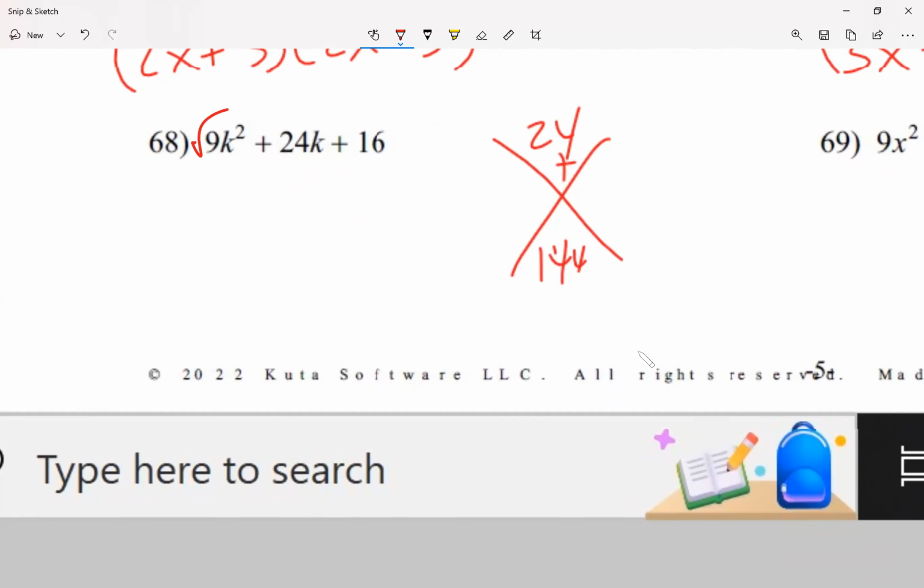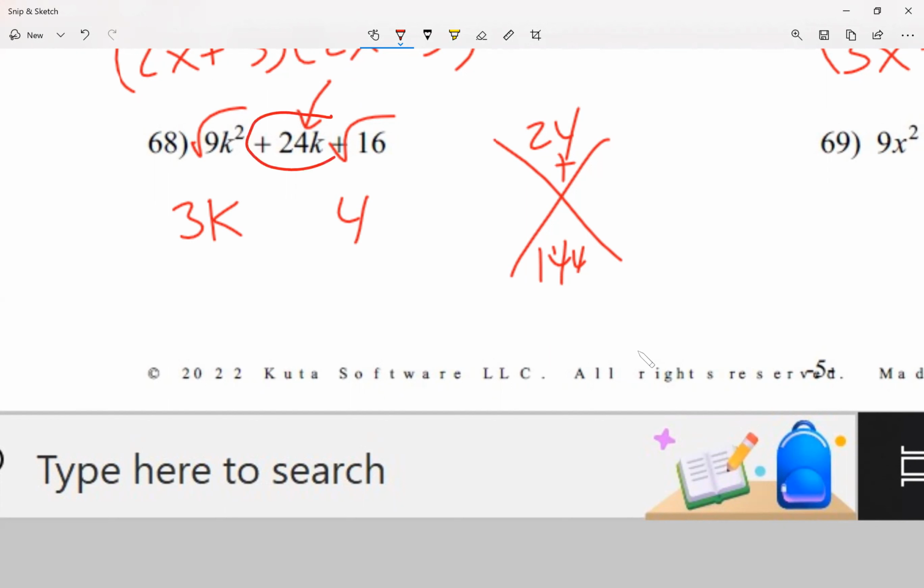I can get the square root of the first term, and I can get the square root of the last term. The square root of 9k squared is 3k. The square root of 16 is 4. I'm going to say this is a special case if 3k times 4 is half of 24k. Yeah, 3k times 4 is 12k, which is the half of 24k.